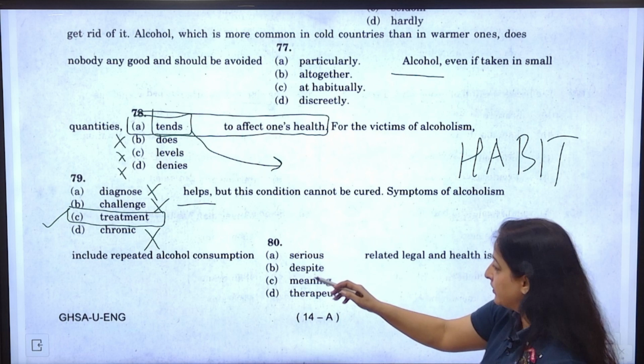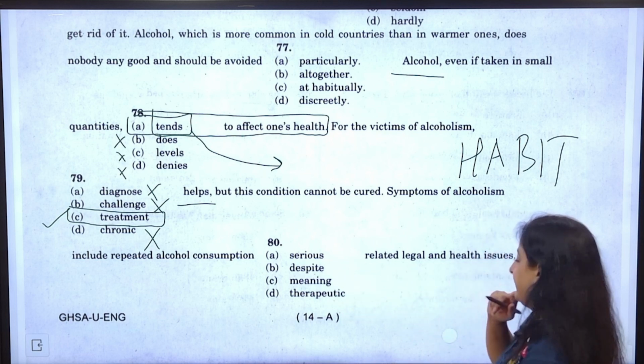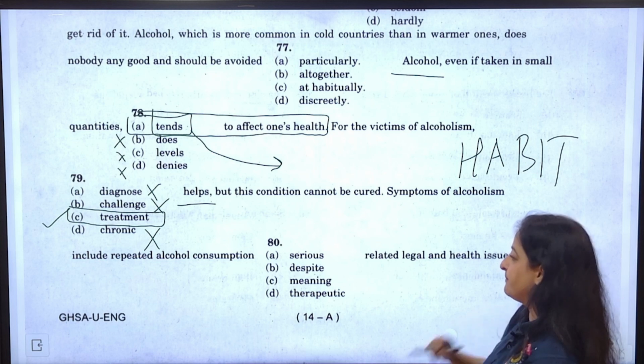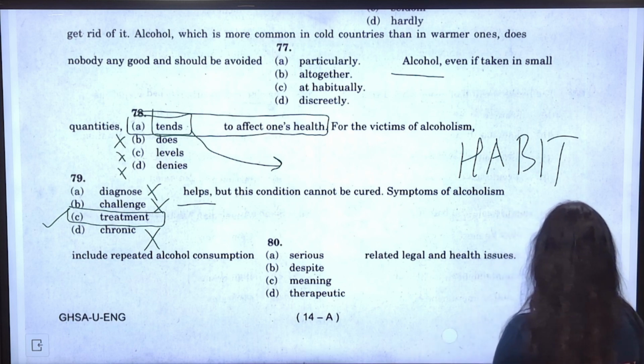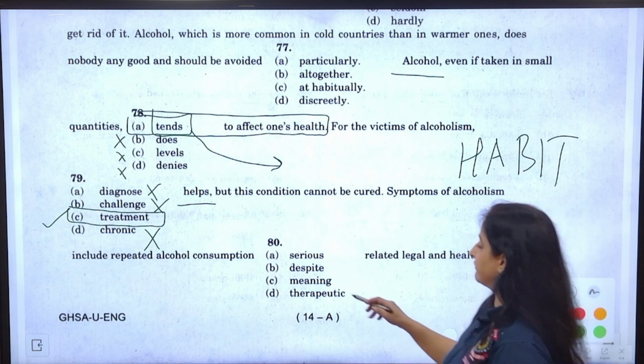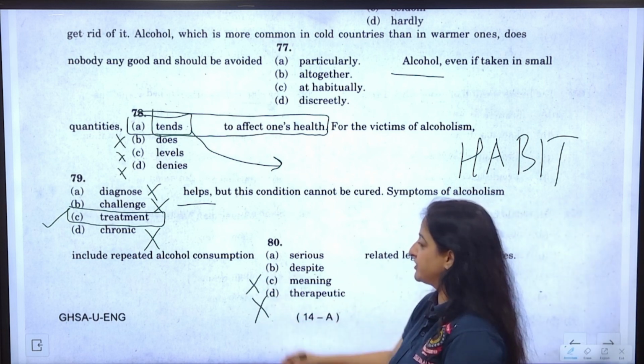And symptoms include, meaning related legal and health issues, therapeutic related. What do you think is the answer? Did you get your answer? This is nonsense. Meaning related, therapeutic related, what is it?